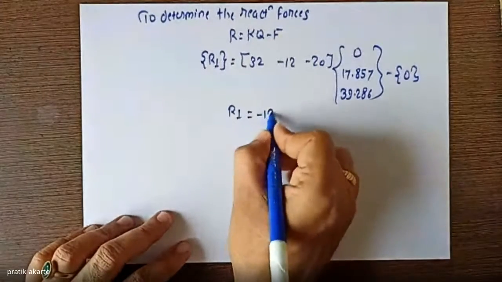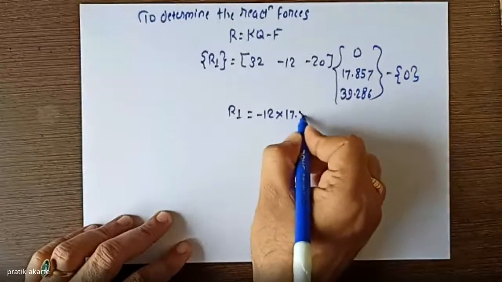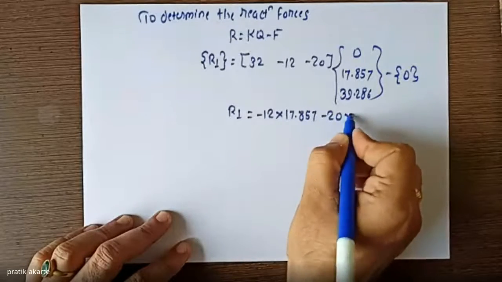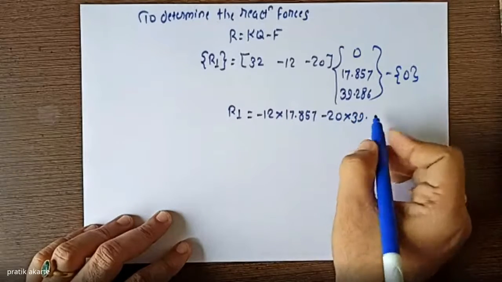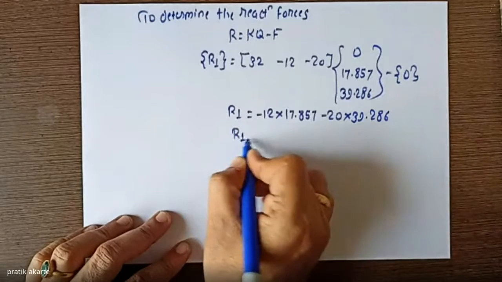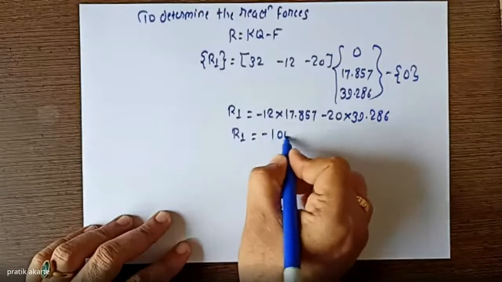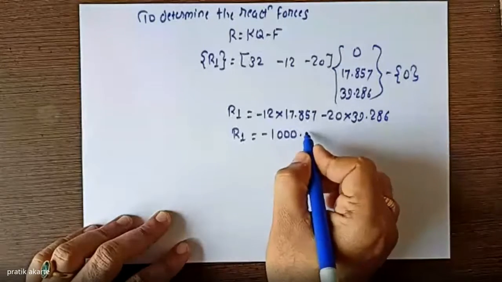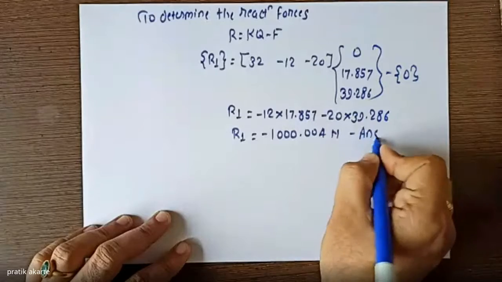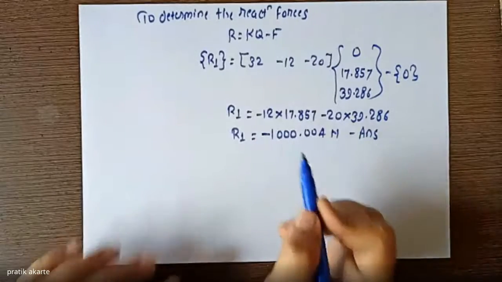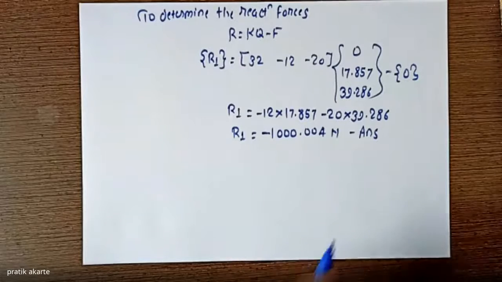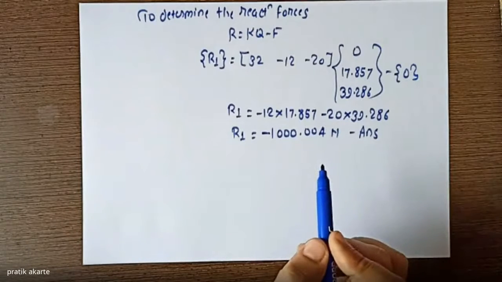It is minus 12 into 17.857 minus 20 into 39.286. So I think it is coming out to be minus 1000.004 Newton, which is your reaction force with negative magnitude of the applied force, an equal and opposite reaction force.